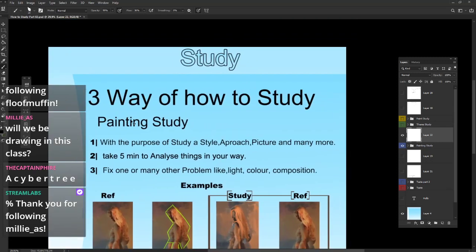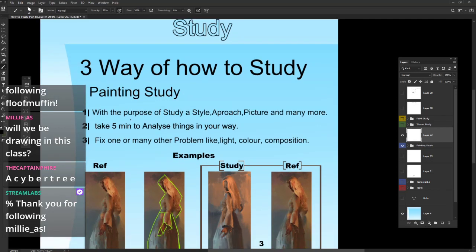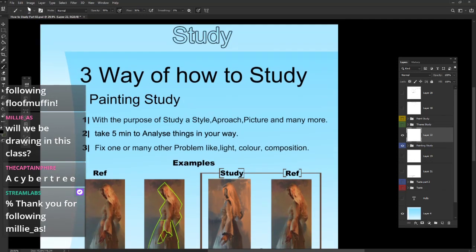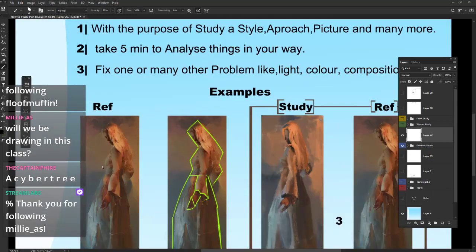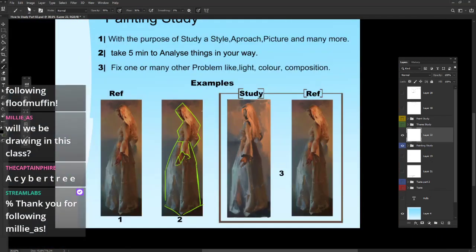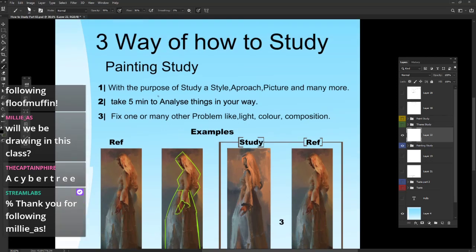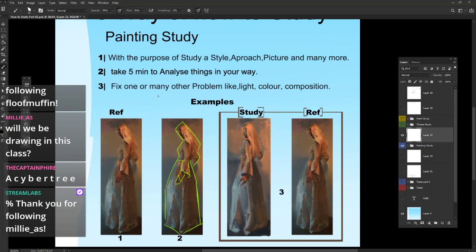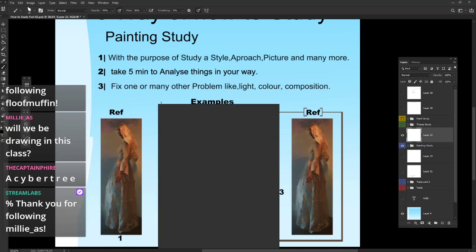At least these are the three most important things when it comes to studying a painting. You basically break it down at first. Your purpose is to study an approach in a picture, or the thing that you see, to remember it yourself. This is one way to increase your visual library, but at the same time to increase your visual skill set.